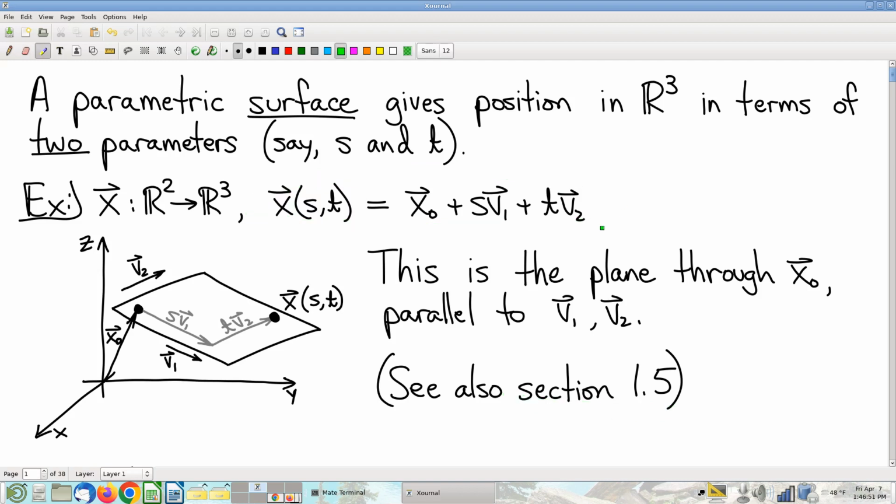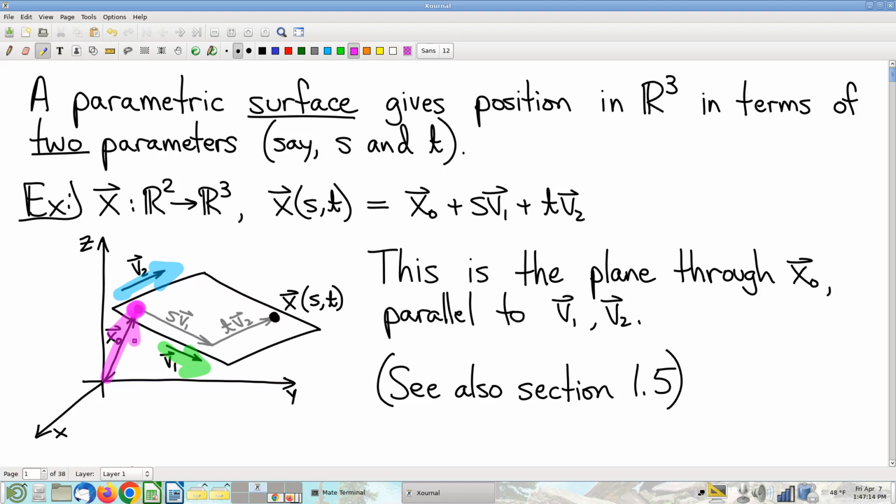And the idea is that you have a vector that's parallel to the plane you want to parameterize, and another vector parallel to the plane that you want to parameterize. And then let's say some starting point, any point in the plane, doesn't matter. You can think of that by its position vector, x naught.